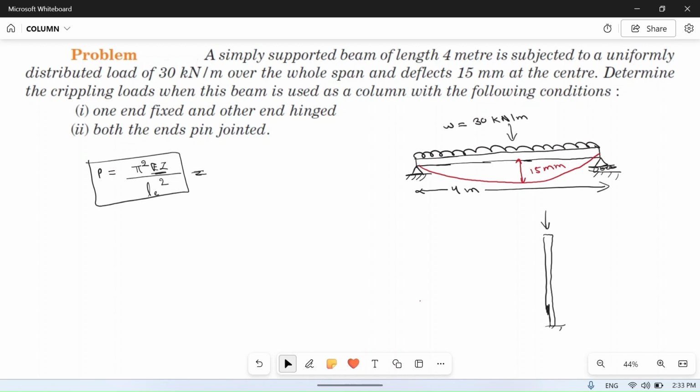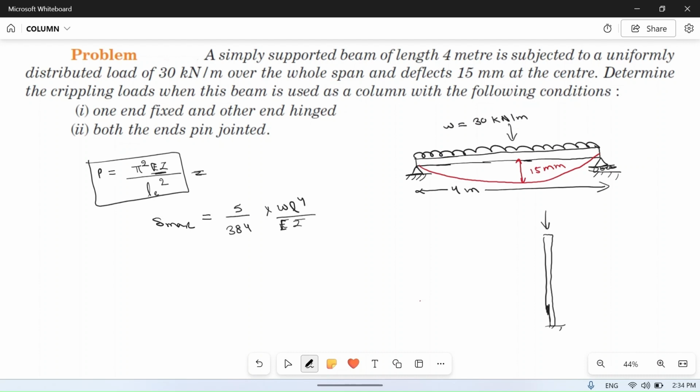How? If you see in any book or if you remember, then you will know the maximum deflection, delta max, for a simply supported beam which is uniformly loaded throughout its length or span. It will be equal to 5 divided by 384 into W L to the power 4 divided by EI.